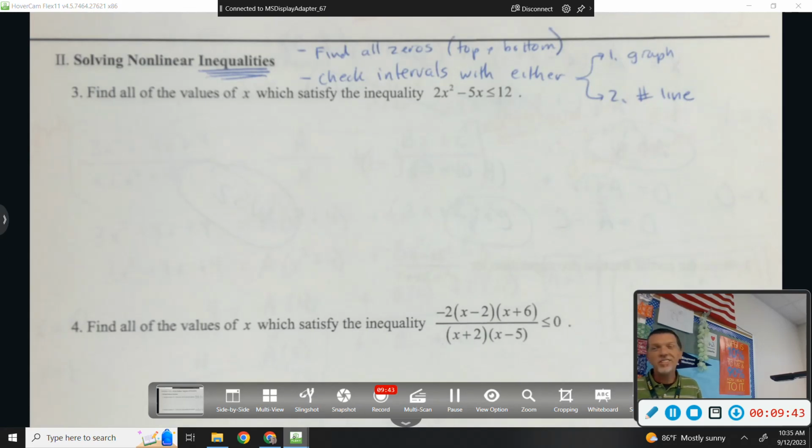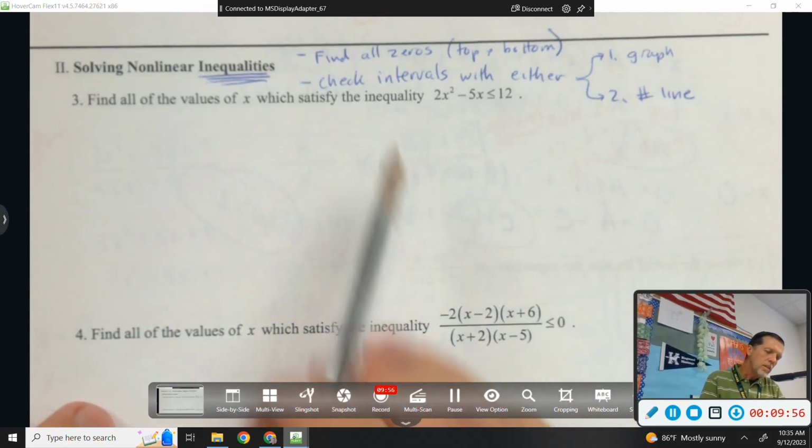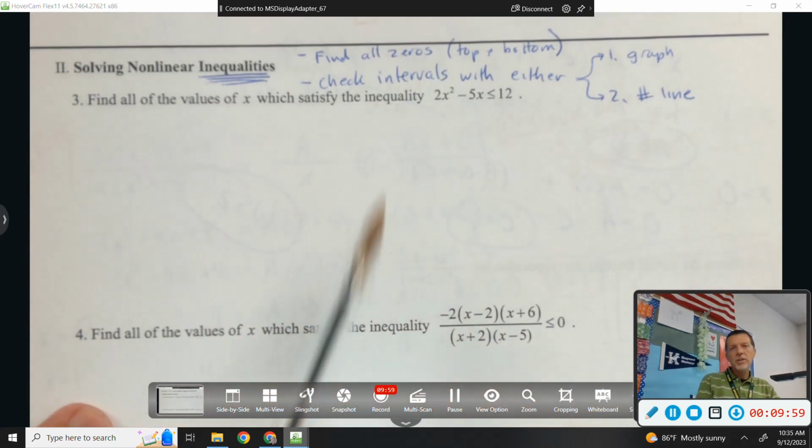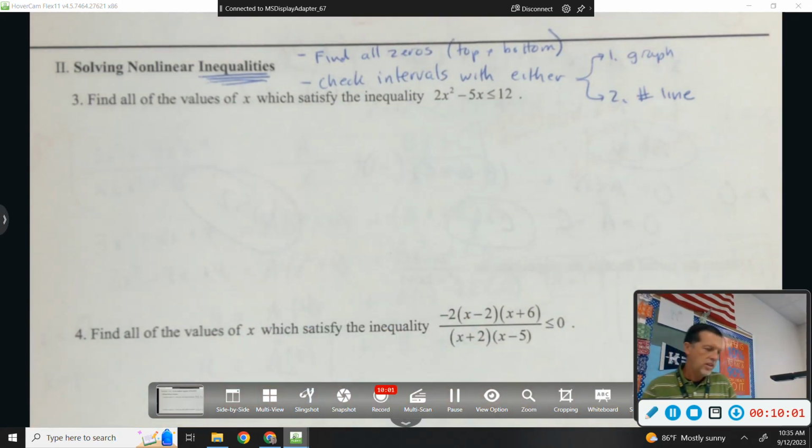The graph is easier, but you don't always know what the graph looks like. The number line works every time, all the time, very straightforward. Not hard, but if you know the graph, that might be easier. Okay, find the zeros, put them on a number line, and check the intervals.